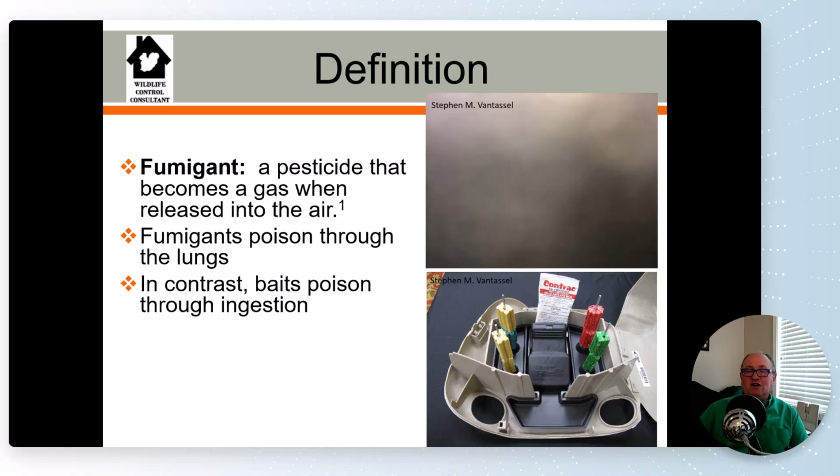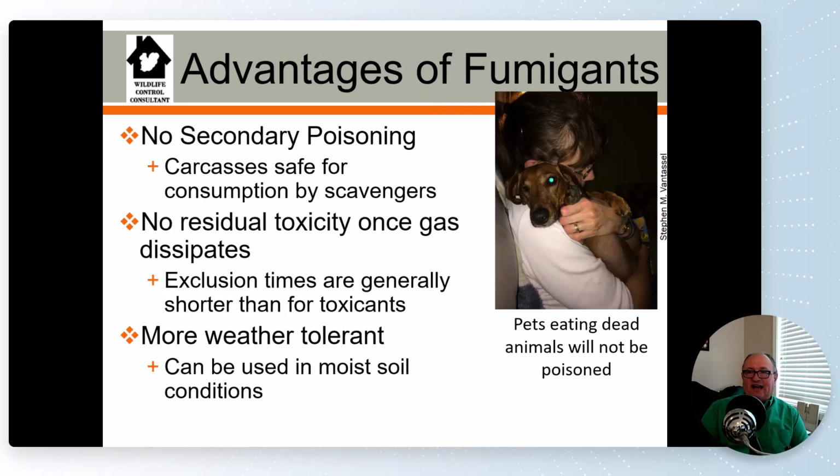And since we're dealing with vertebrates here, typically that's going to be an enclosed space because you've got to keep the gas contained in order to kill the animals. So it's typically burrow fumigation. Where a bait is something eaten and then ingested and provides the poison, this is inhaled and provides the poison in that regard.